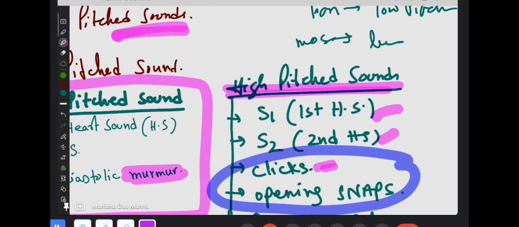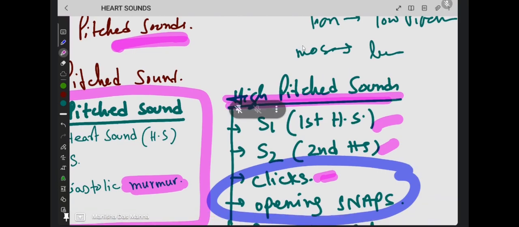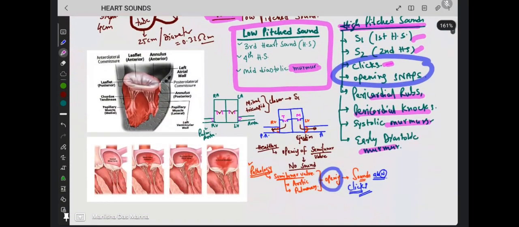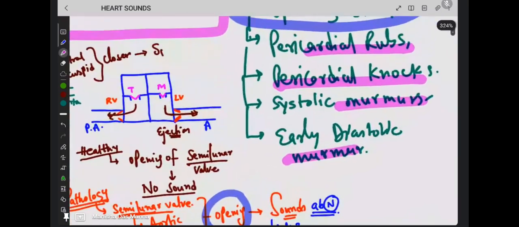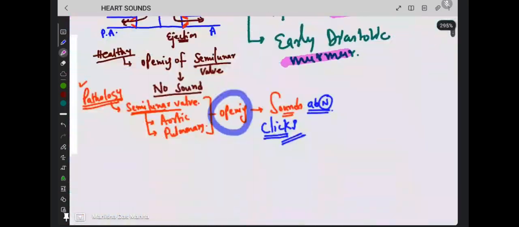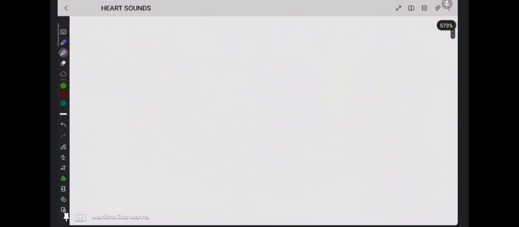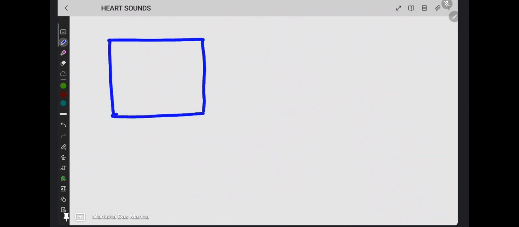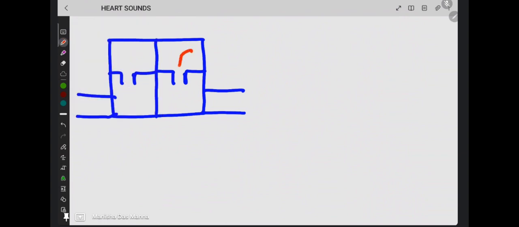Next, what is the opening snap? Look at this. When the blood is coming from atrium to ventricle, what happens?